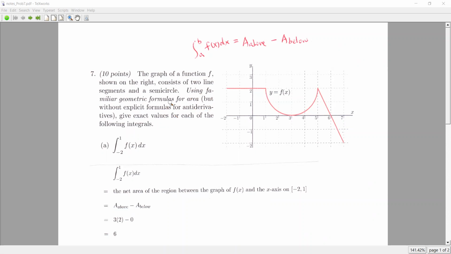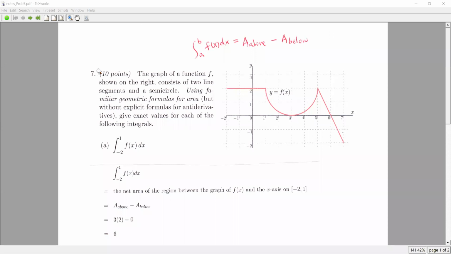This sentence means using the integral as signed area, this formula. Don't use the fundamental theorem of calculus. Give exact values for each of the following integrals.